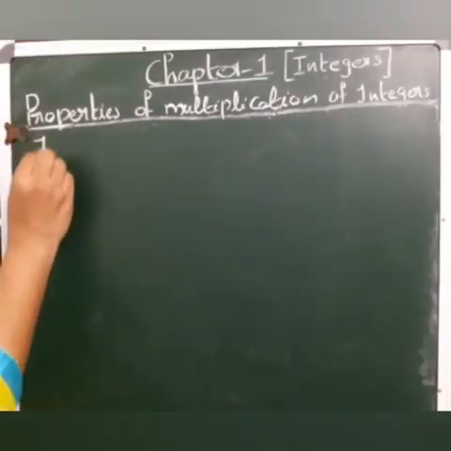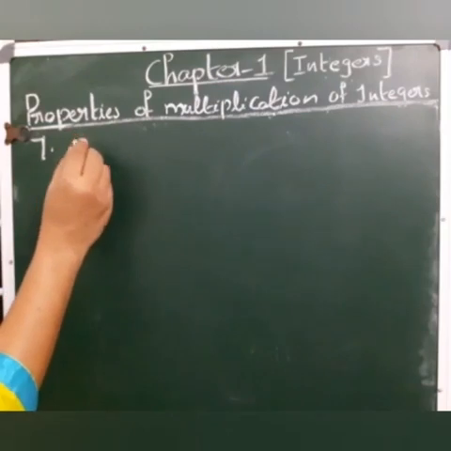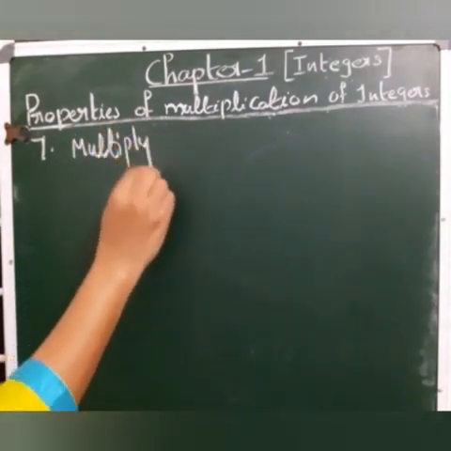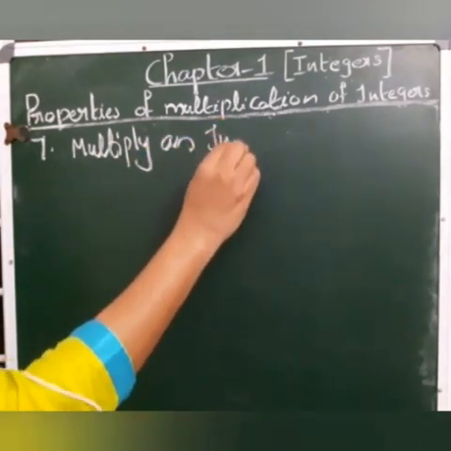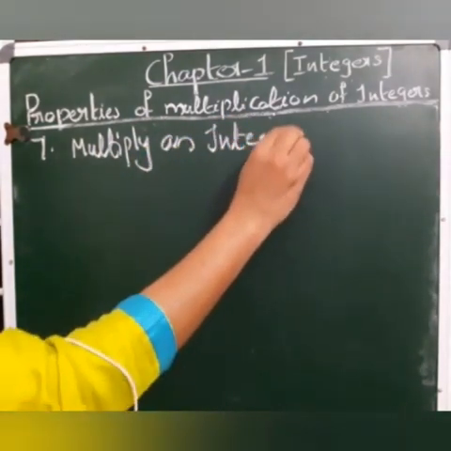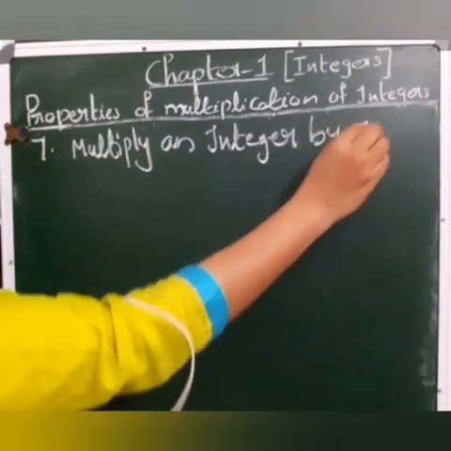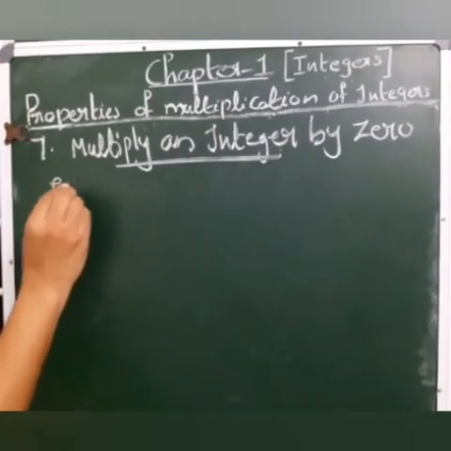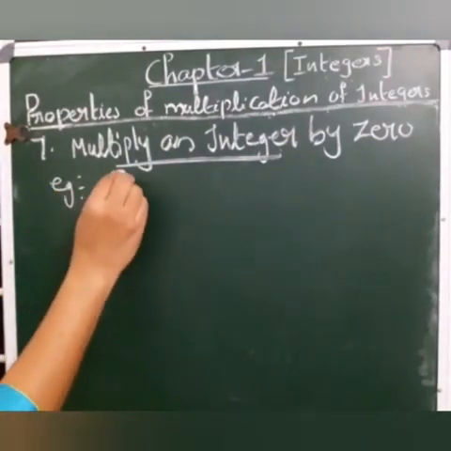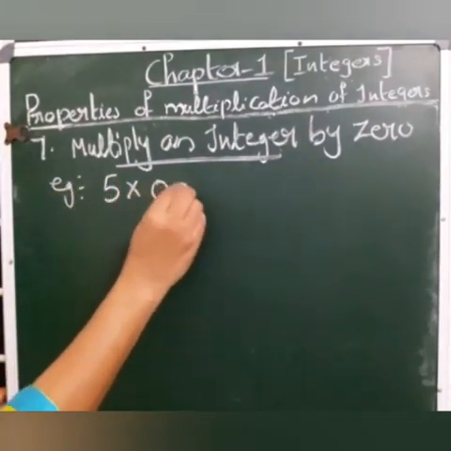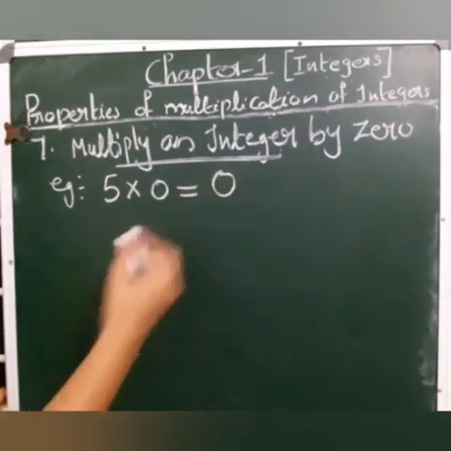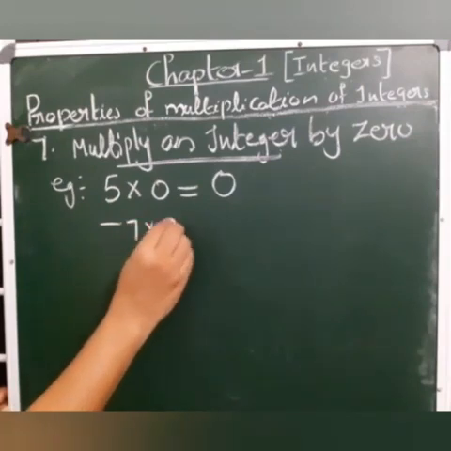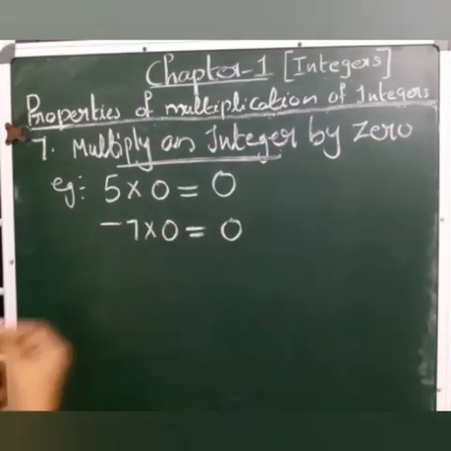Okay, now next one, let's multiply an integer by 0. Example, 5 into 0 is equal to 0. Minus 7 into 0 is equal to 0.